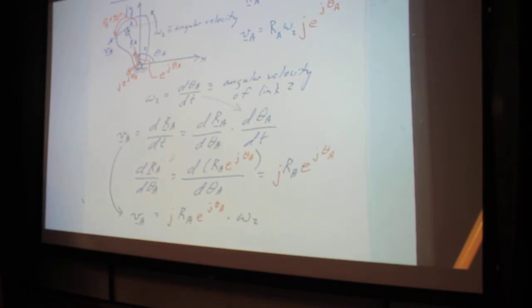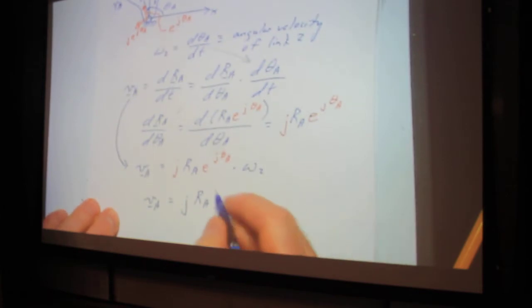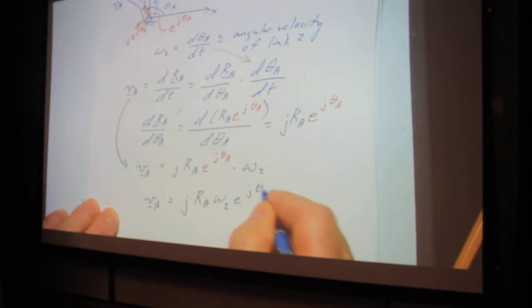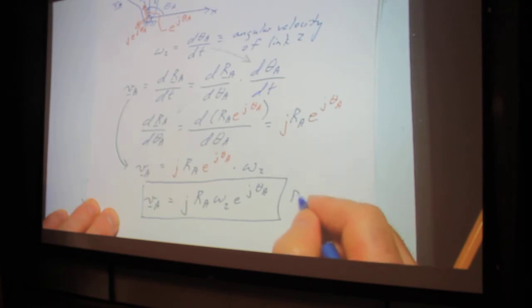So let me write the conclusion here. It's j RA omega 2 e to the j theta A. I'll box that in. And that is the polar form.